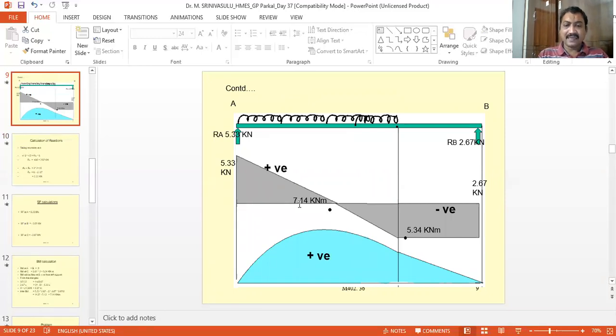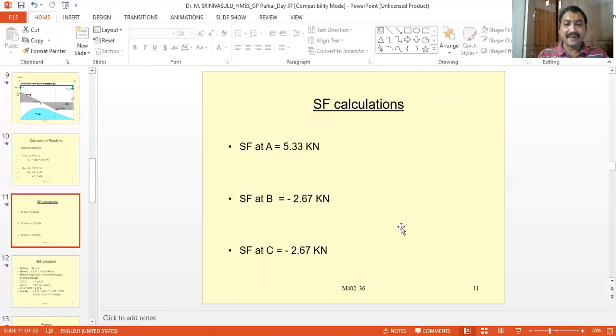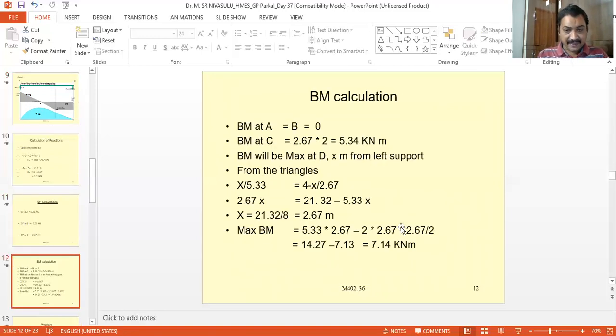X by 5.33 is equal to, what is the distance? Because this total is 4, this is X, so this is 4 minus X by this value 2.67. So from the properties of similar triangles, we can solve this X value, and by solving this equation, X comes to be 2.67 meters.